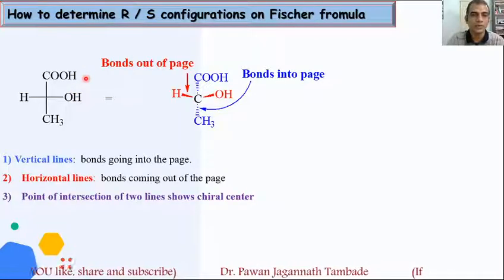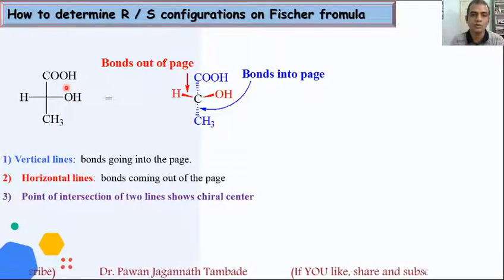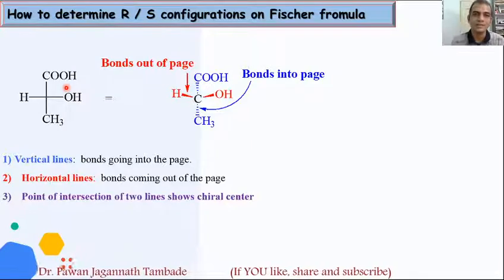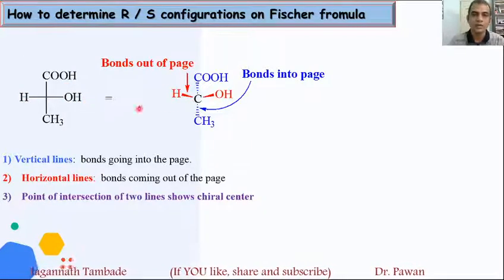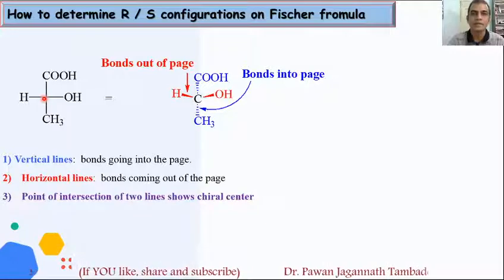In Fischer projection formula, there are horizontal and vertical lines. The vertical lines represent the atoms or groups which are going into the page, and the horizontal lines represent the atoms or groups which are coming towards the observer, and the point of intersection of these two lines is nothing but the chiral center present in the molecule.